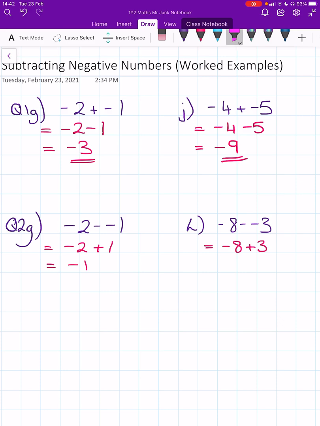The subtraction of the negative number is replaced by an addition of 3. Now, again, think number line. Negative 8, negative 7, negative 6, negative 5. So I'm obviously moving in the positive direction that way. If I start on negative 8 and I go 3 places in the positive direction, I'm going to end up at negative 5. Okay.